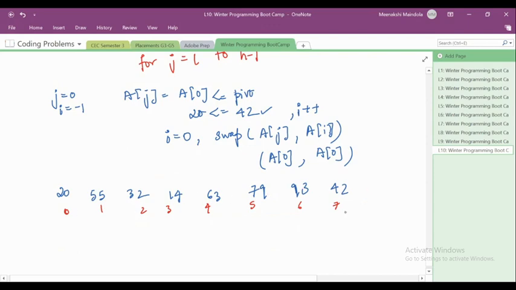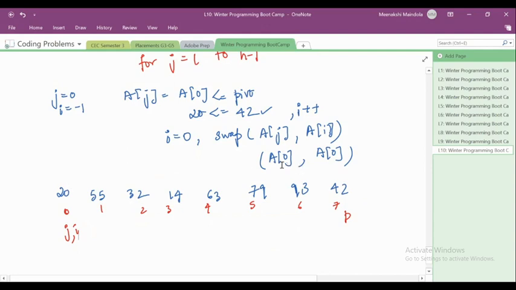So this is our pivot element, and j is currently at 0. j is here, and I is also at 0, so I is also here. Now the first iteration has completed, wherein we have swapped these two values.